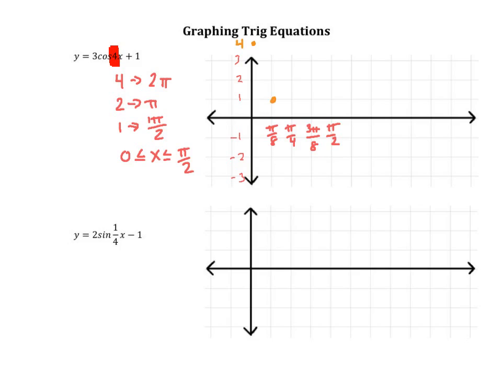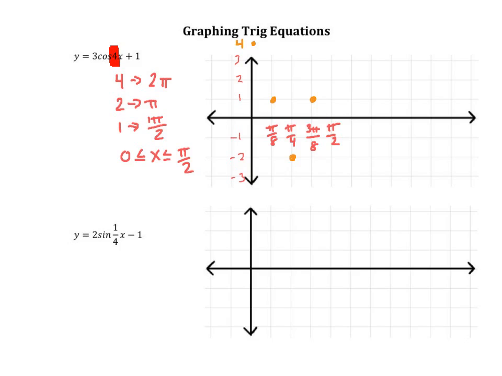The third point in a cosine graph is at -1. So -1 times 3 is -3. Then -3 plus 1 is -2. The fourth point in a cosine graph is 0. So 0 times 3 is 0. And then 0 plus 1 is 1.